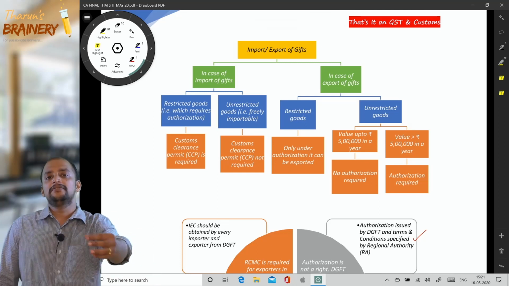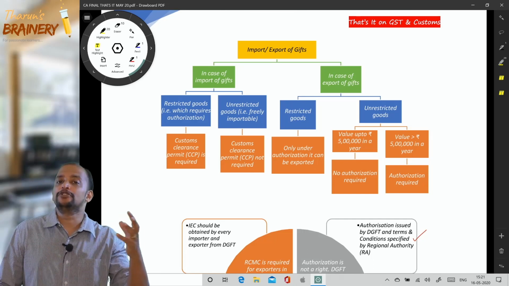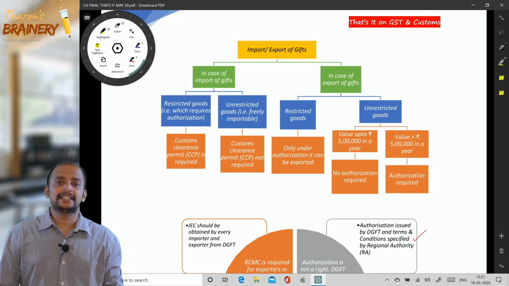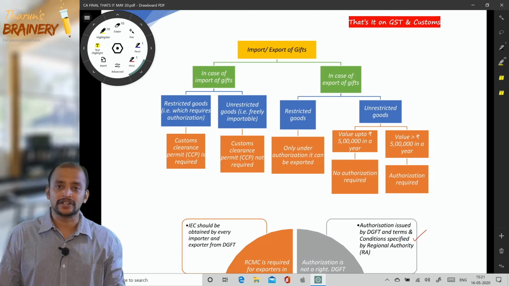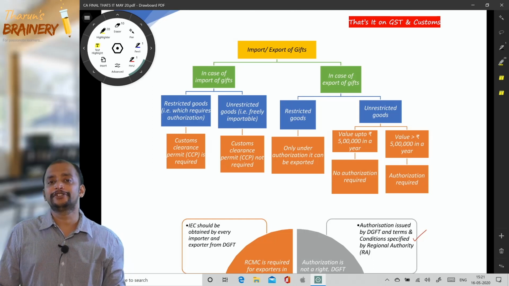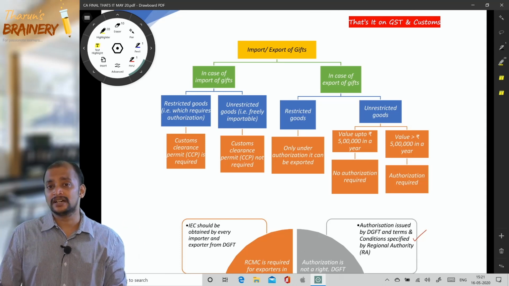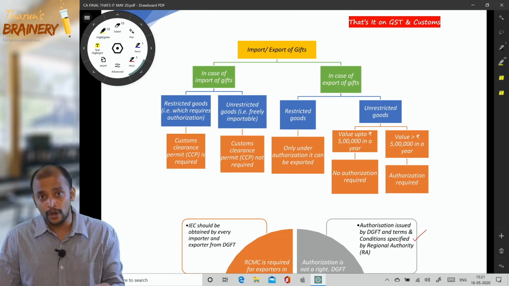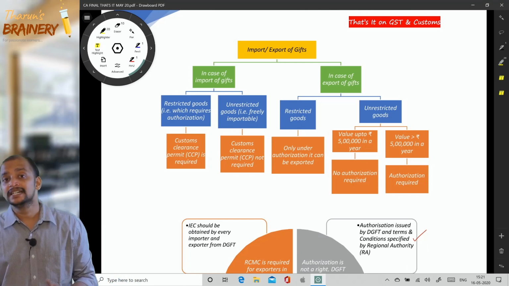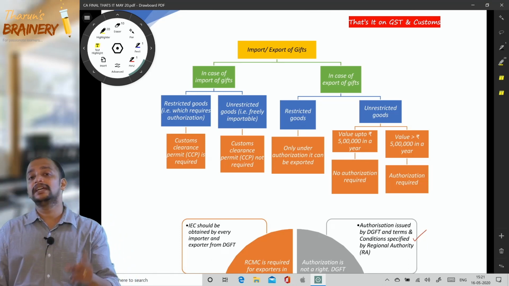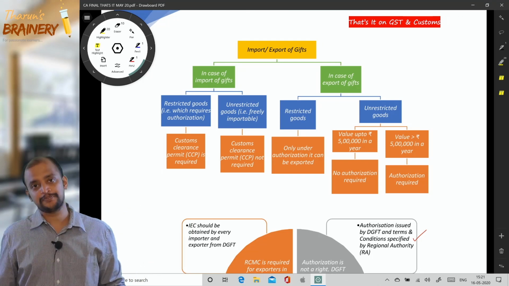That is, there is one actor who is endorsing a foreign perfume brand. Now that actor has received a few bottles of the perfume brand he is endorsing. Generally, import of perfume is restricted. Now, these perfume bottles which he is getting as a gift, he doesn't know about them, therefore he cannot get a license or an authorization, but he needs a customs clearance permit because he doesn't know what goods are in the gift box.